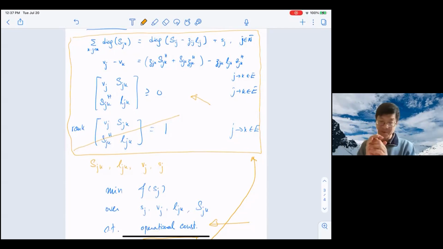The cliques are the subgraphs corresponding to each line. And therefore, this PSD requirement is imposed only on those subgraphs.